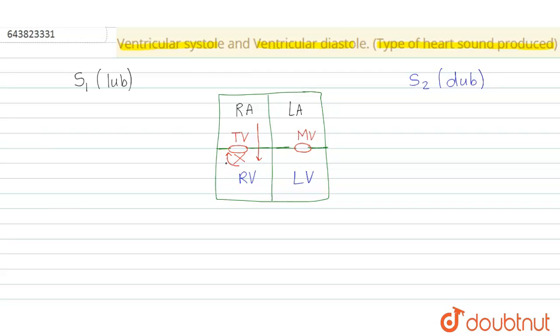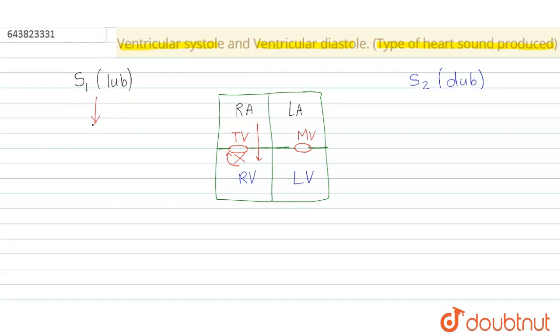When the right ventricle and the left ventricle start to contract, that is the ventricular systole, the tricuspid valve and the mitral valve close, and whenever they close, the sound that is produced is S1, which is heard as lub.